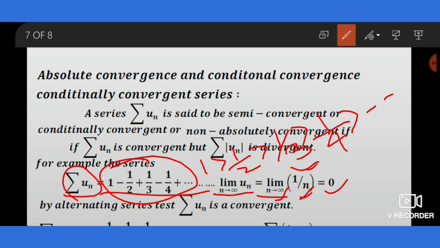By the alternating series Leibniz test, summation un is convergent.